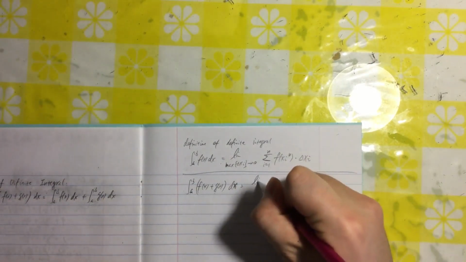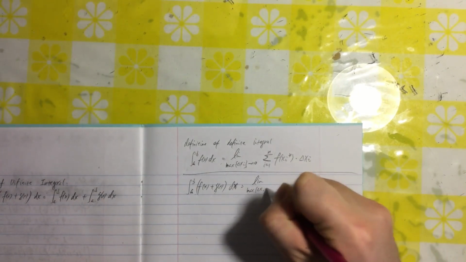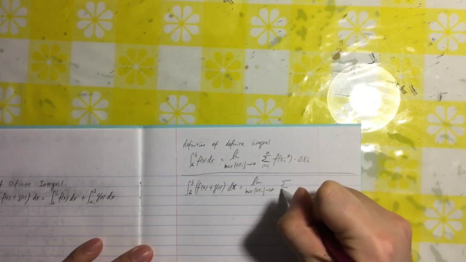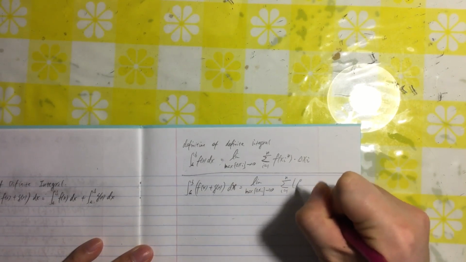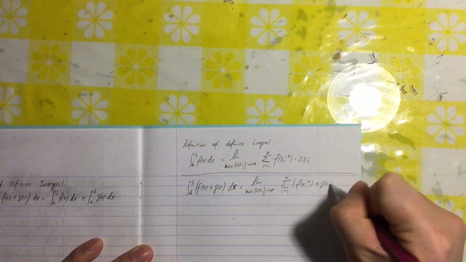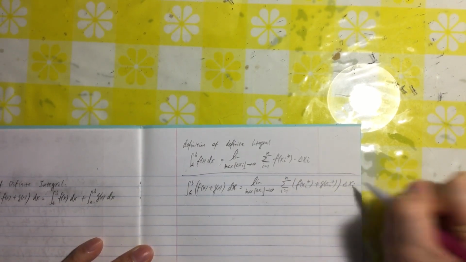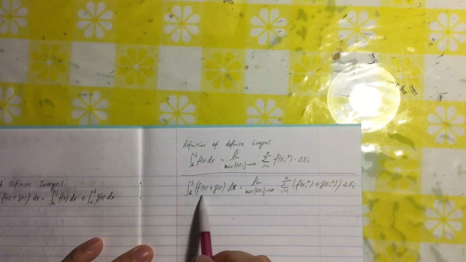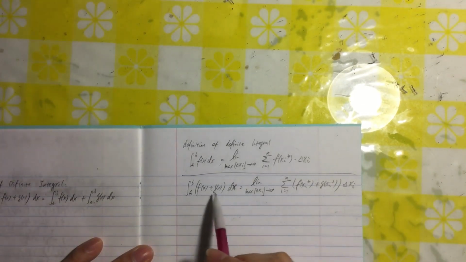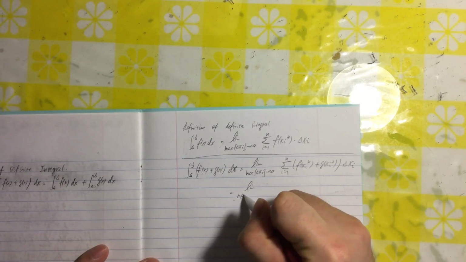That's the limit as the maximum delta Si approaches 0, sigma i from 1 to n, f of Si star plus g of Si star times delta Si. Then if I simplify, the limit stays the same.